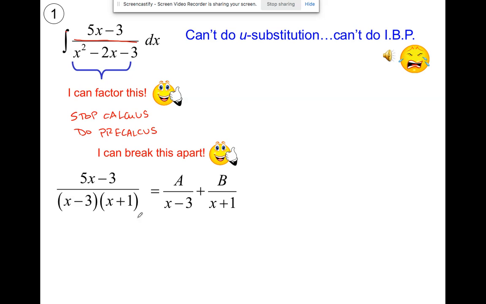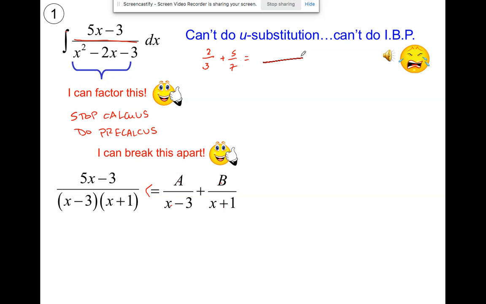Partial fractions says if I had two fractions without a common denominator, I would create a common denominator and then manipulate my numerators and combine them into one fraction, right? That's just like you do when you have 2/3 plus 5/7.